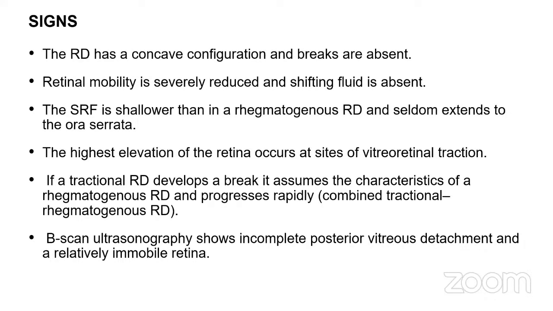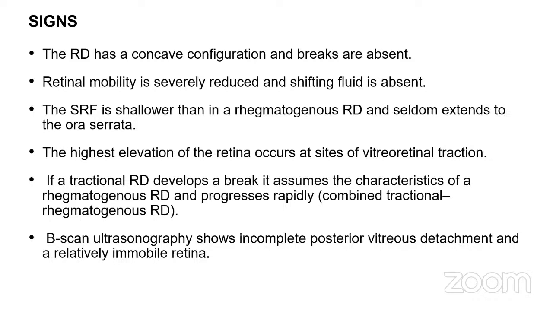Then signs. This type of retinal detachment has a concave configuration and breaks are absent. Retinal mobility is severely reduced and shifting fluid is absent. The SRF is shallower than in rhegmatogenous retinal detachment, and it rarely extends to the ora serrata. The highest elevation of retina occurs at the sites of greater vitreoretinal traction.